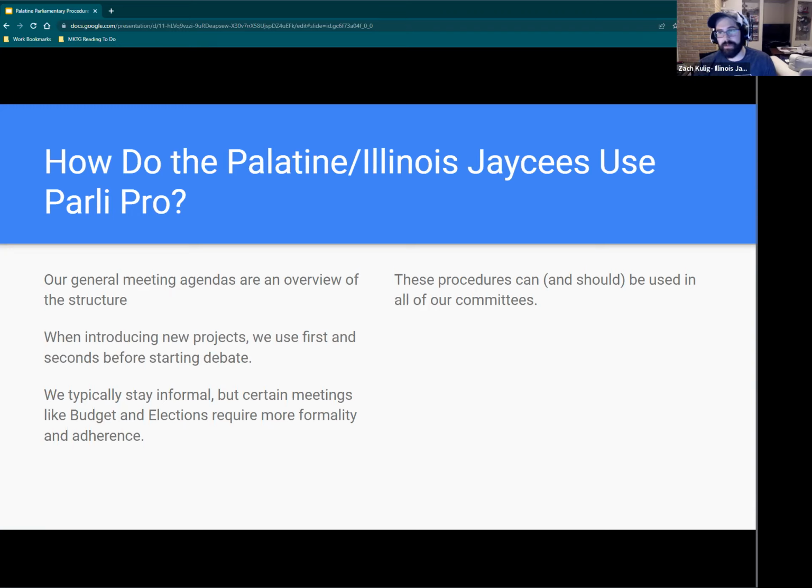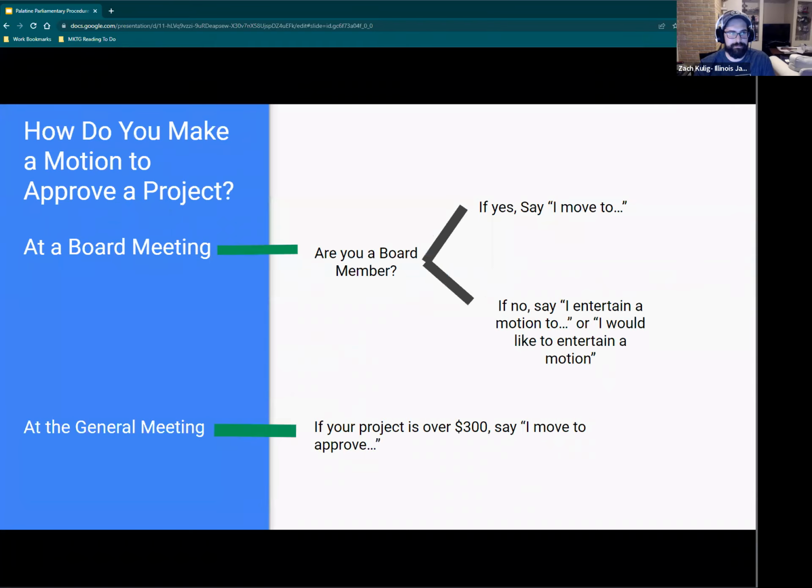We have a very large subcommittee. When we have meetings, that committee has its own agenda. We try to use motions when they're needed, but it does keep everyone on task. We know who's reporting, what we're talking about, and if we need to make changes, how we go about it. Do we need to make motions? Things like that.